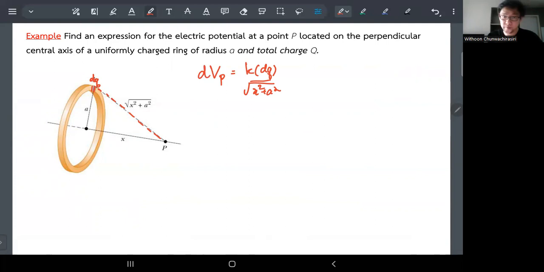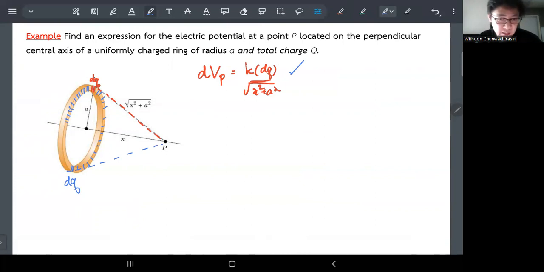Cool. But then what you do next is keep doing this: dq, dq, dq, dq around the ring. No matter where you cut this piece, the expression that you already set up still works. This expression can be used to describe the potential from any dq coming out of this ring. Does that make sense?